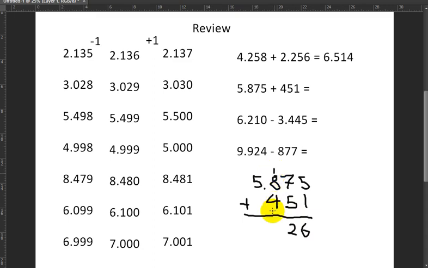Right, 2, carry 1. 1 and 8 and 4 makes 13. So I write 3, carry 1. 1 and 5 and nothing makes 6. So my answer here is going to be 6,326.